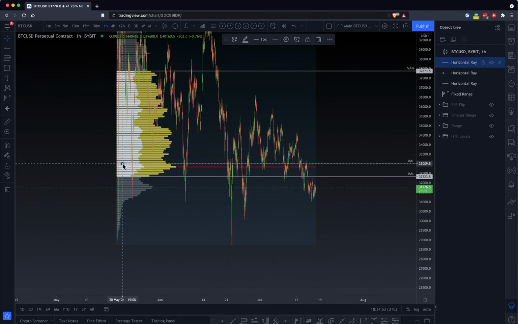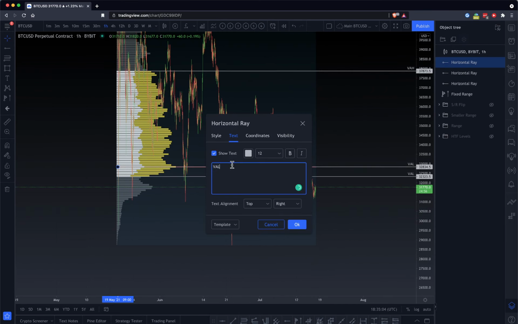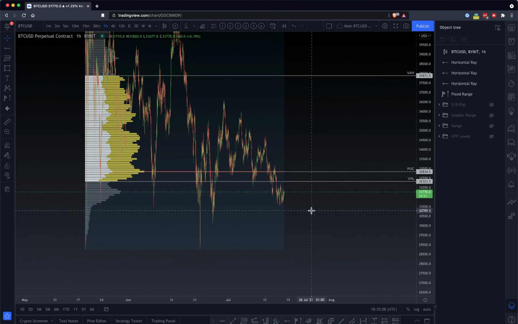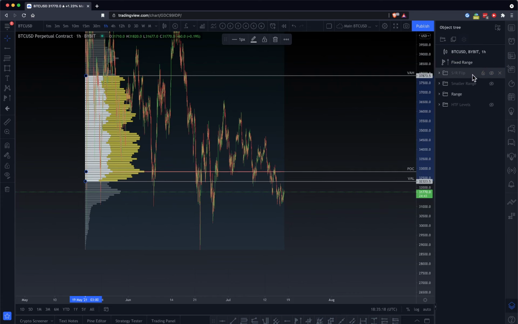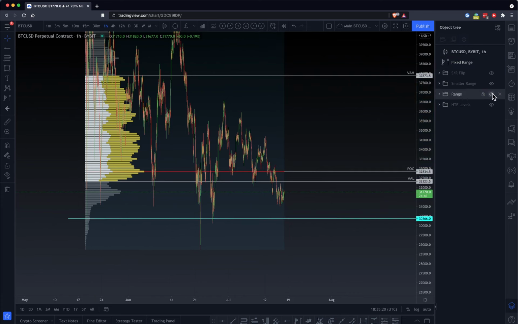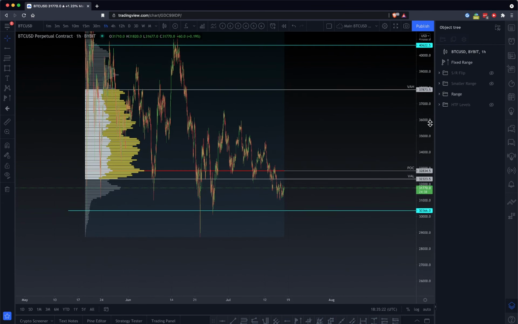And we have this point of control. Everything together for this big range.